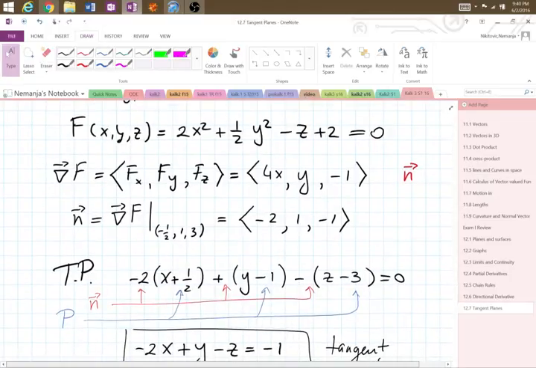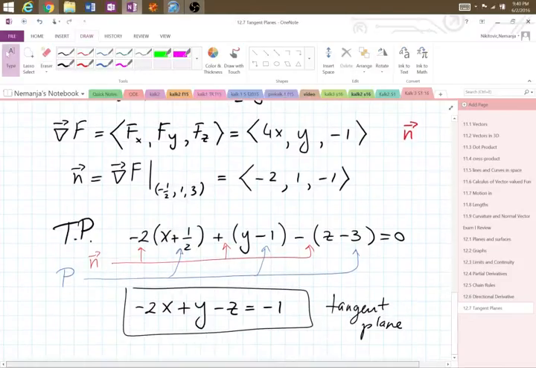Then you find partial derivatives, which gives you the vector of partial derivatives, which is the gradient. When you compute that gradient at the point provided to you, you get the vector n, which is the normal vector for the plane. Plug in the normal vector, plug in the point, and you have the equation of the plane, and simply simplify, and problem solved.